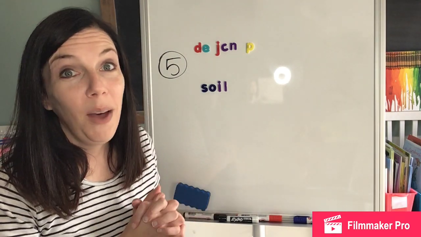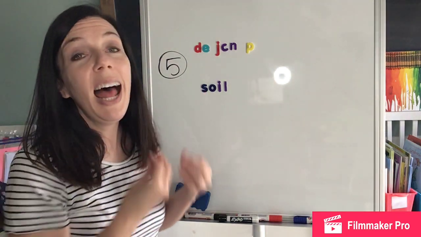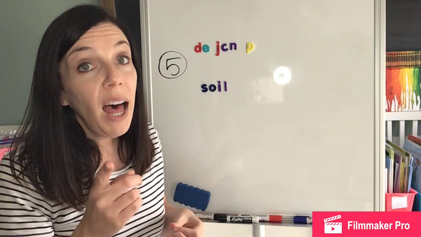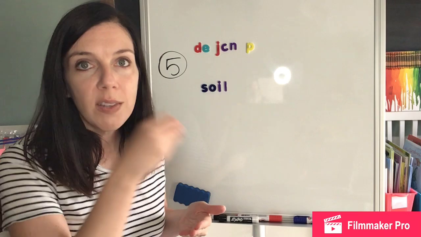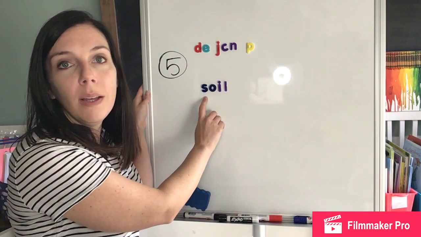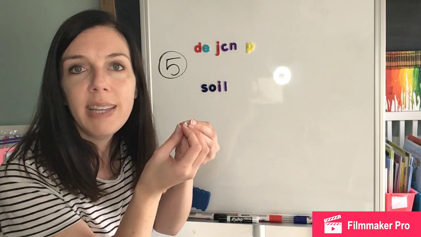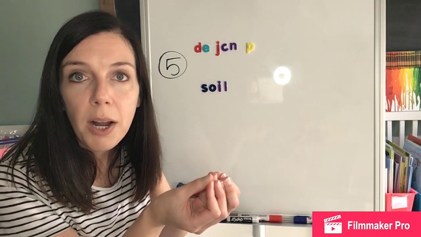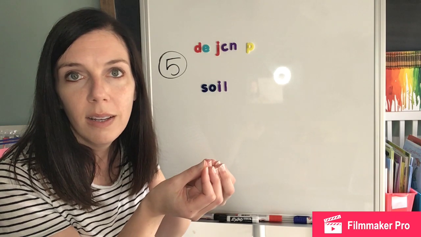All right, so I don't know about you, but I still hear that S sound at the beginning. But I hear another sound after that S sound. I hear sp, sp, like I'm blending those sounds together. Well, what letter makes that P sound?